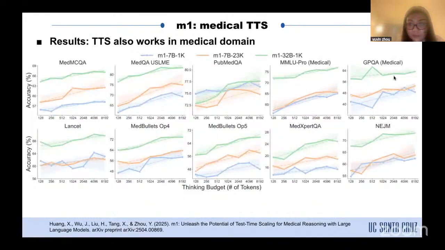As we can see from these results, on different datasets like Lancet, MedBullets, MedExpertQA, and NEJM, it consistently improves the results with the increase of the token length. So we can conclude the test time scaling law also exists in the medical domain.